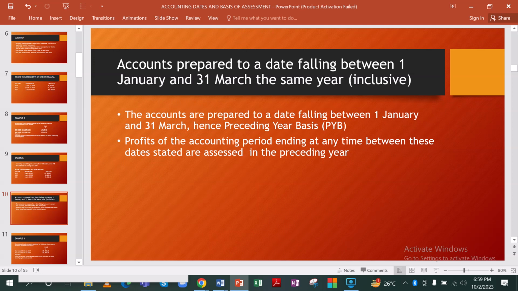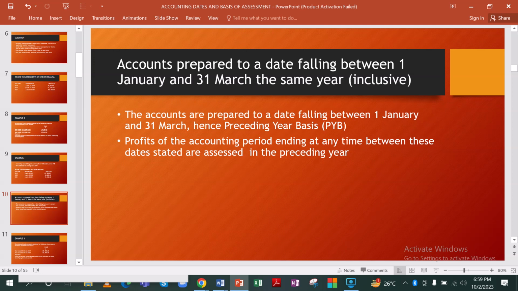So profits on an accounting period ending at any time between these dates are assessed in the preceding year. If the profits fall between 1st January and 31st March of 2023, it means that this profit will be assessed in 2022. That is what is meant by preceding year basis.